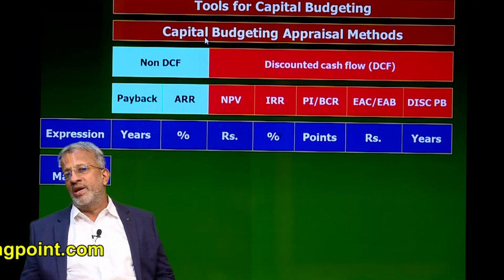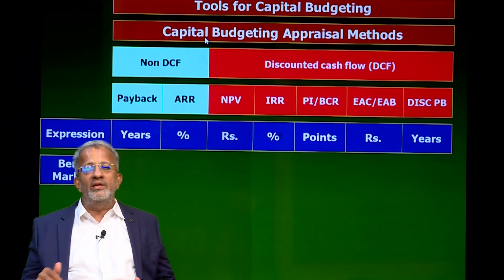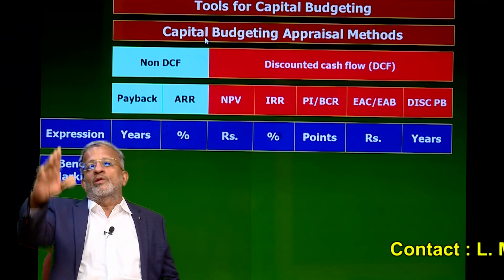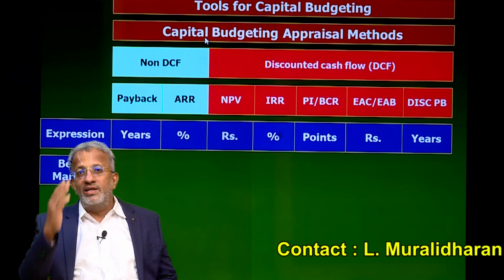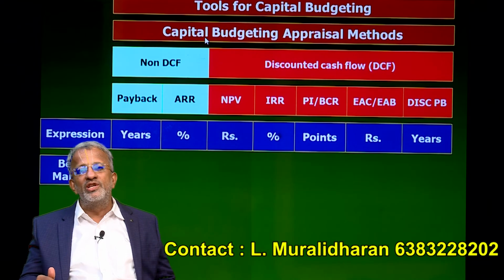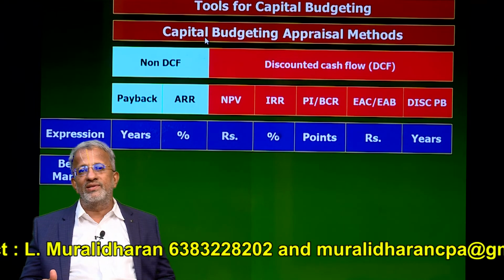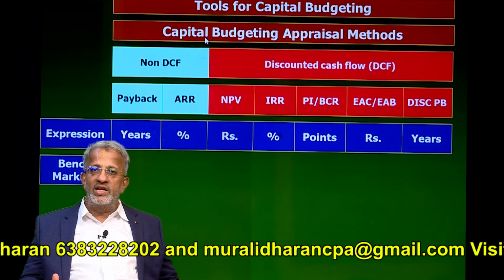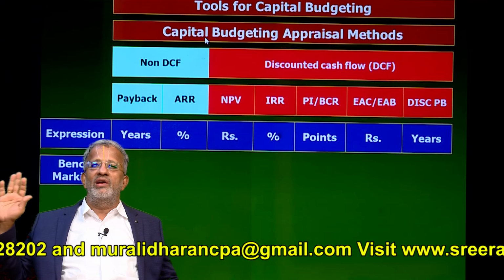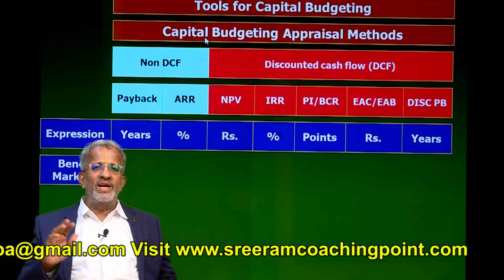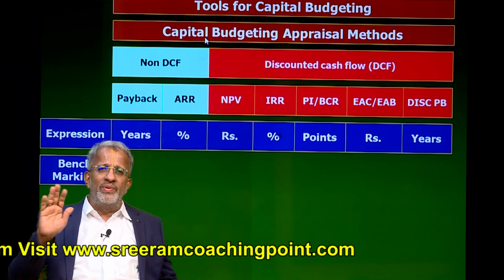Next one, benchmarking. What do you mean by benchmarking? In schools we used to do desk marking. That is not what we are looking at as benchmarking. Accept-reject criterion is what we call benchmarking. That is, if I have this, I will accept. If I don't have this, I will not accept. In school, 35 is the benchmark.